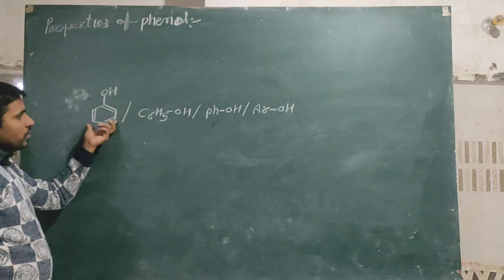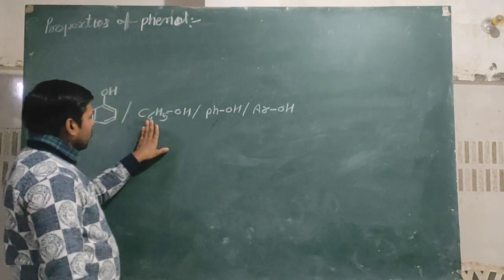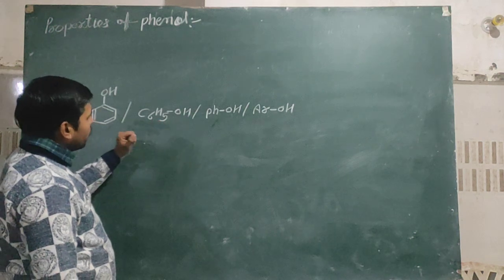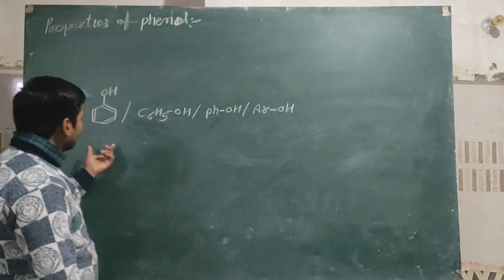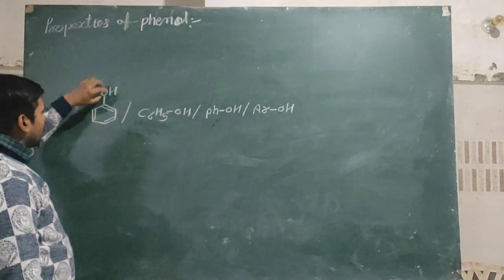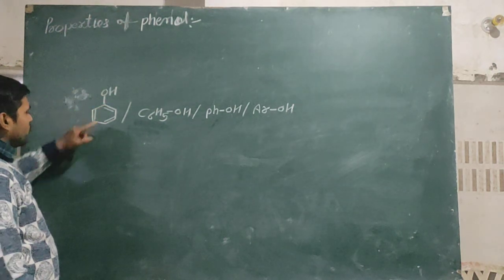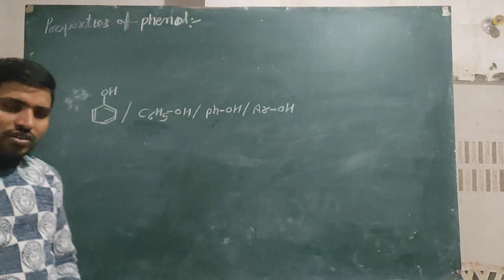Thus it is denoted by C6H5OH or PhOH or ArOH. In this situation, the hydroxyl group is directly bonded to an sp2 hybrid carbon of the benzene ring.